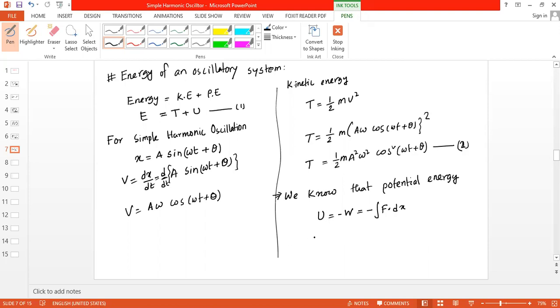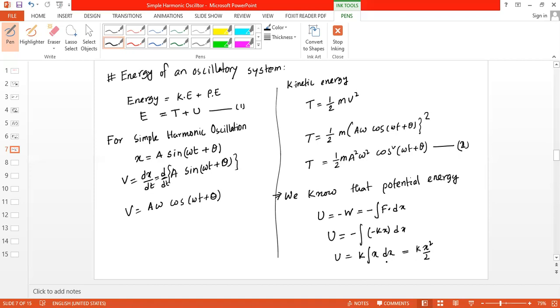For simple harmonic oscillation, the force is minus kx, times dx. So U equals minus minus plus, and k is constant, it comes outside, k integral of x dx. If I integrate x with respect to x, this gives x squared by 2, so k x squared by 2.